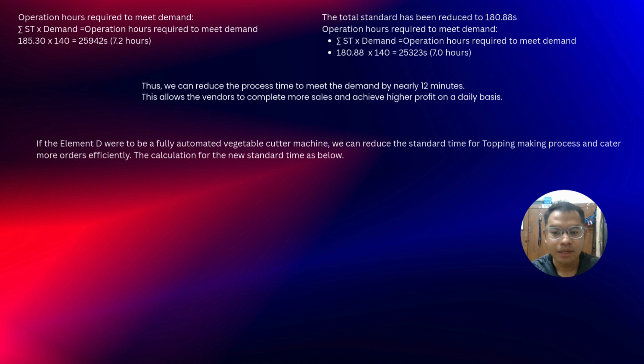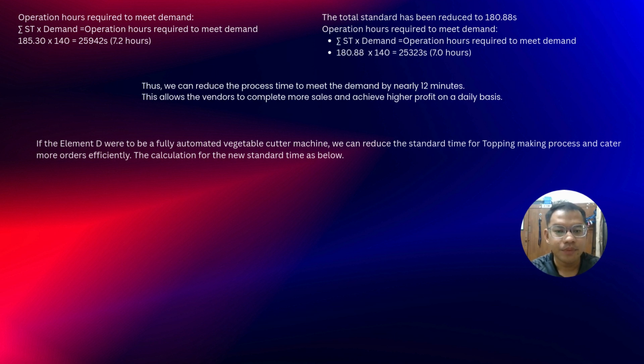If we change job element D to automatic, the processing time is 25 seconds, rating is 0.9, the normal time is 22.5, and the allowance is 15%. The standard time we will get is 26.47, and the total overall standard time we will get is 180.88.